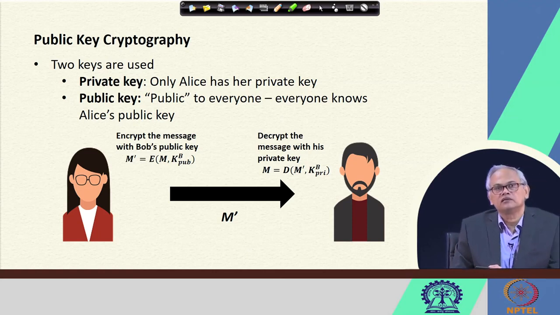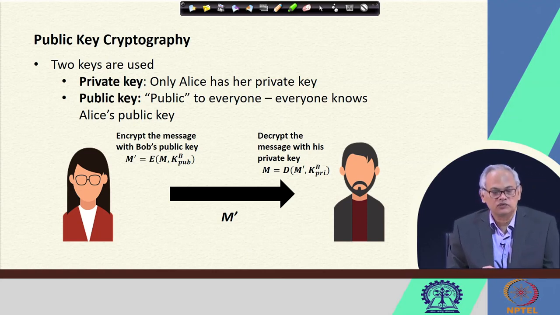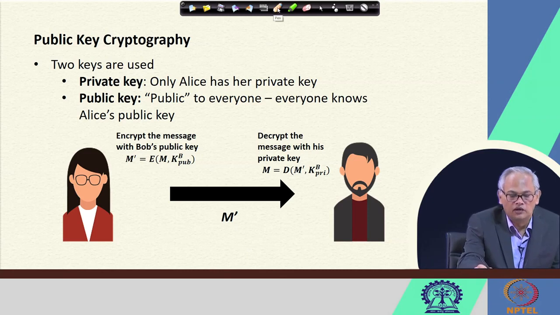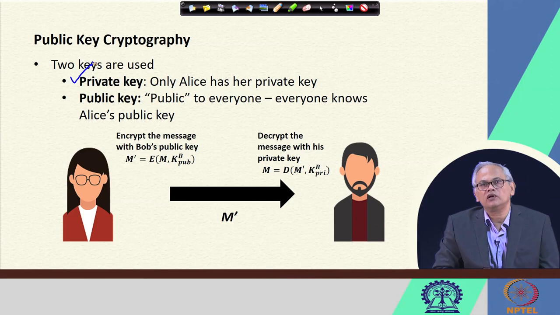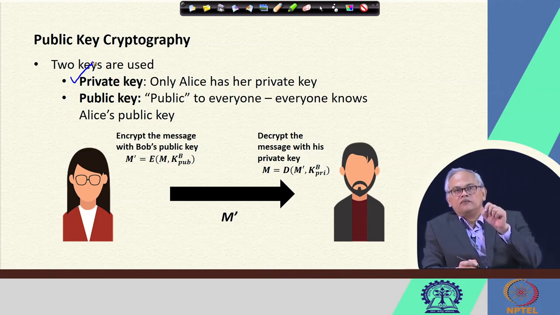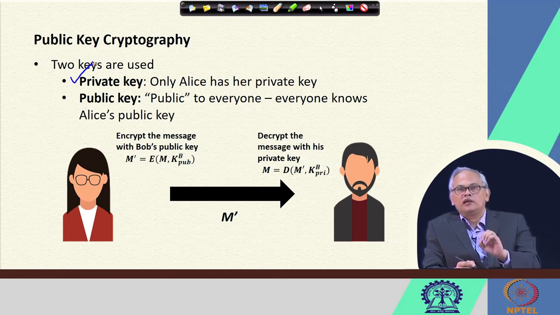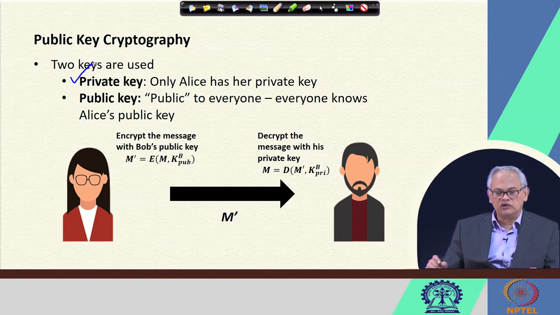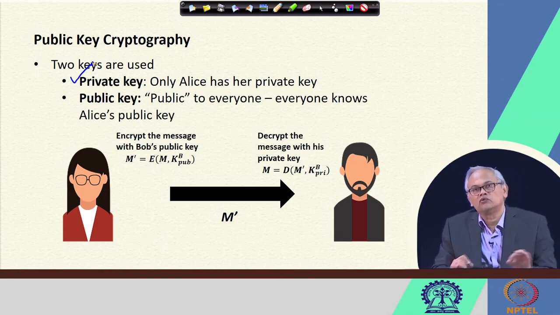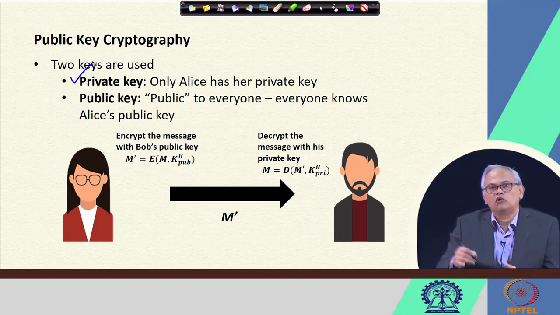As mentioned, there are two keys which are used in public key cryptography, and one of them is called the private key. This term is important. For exchanging messages, each party, say Alice and Bob, we denote these parties usually in cryptographic terms as two persons, named Alice, Bob and others.